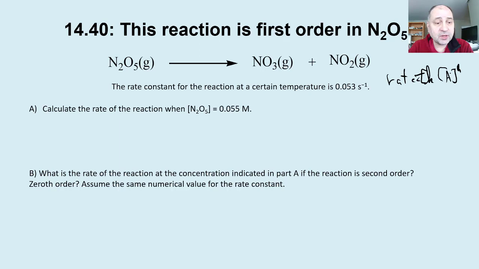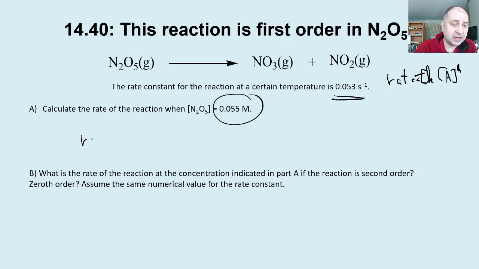And so once you do calculate the rate of the reaction when the concentration of N2O5, dinitrogen pentoxide, is 0.055 M, they also give you a K. So that's pretty easy.